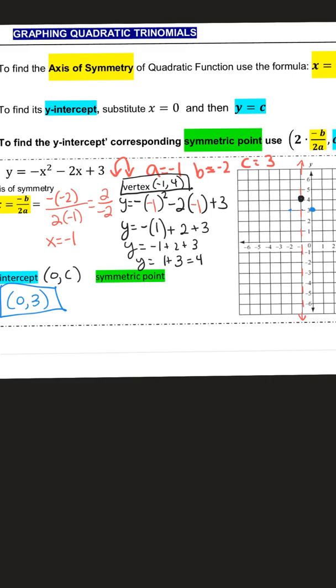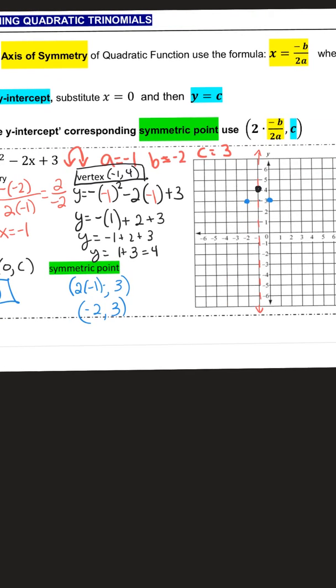Or you can say, hey, I know the symmetric point is 2 times my axis of symmetry, which was -1, and my c term, which was 3. 2 times -1 gives me -2, so I get -2, 3, and that's that point right there. And then I'm going to connect my points, and I'm going to have an unhappy parabola just like I predicted.